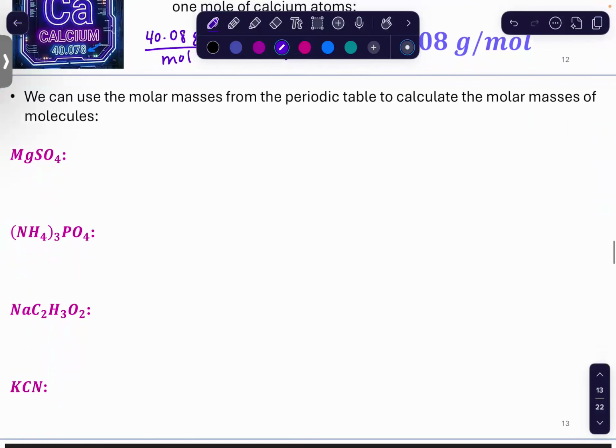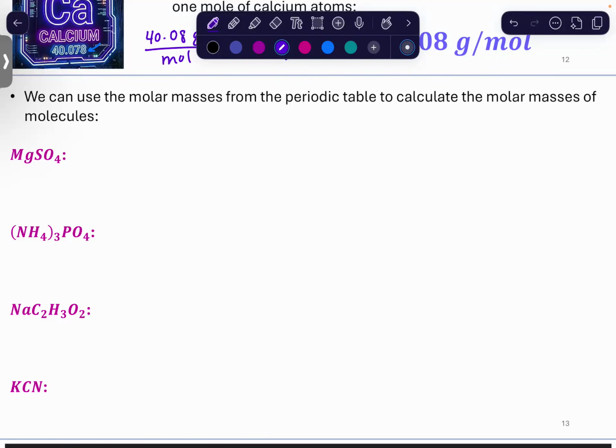And we can use the molar masses from the periodic table to calculate the molar masses of molecules. Molar masses of molecules is something you're really going to need when you're solving chemical problems.